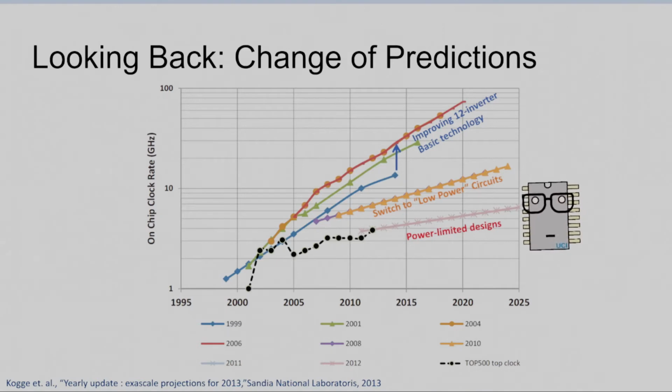The peach line here is projection made in 2012. And you can see that the projection for the speed of clock frequency scaling has adjusted a little bit more realistically as time went on.